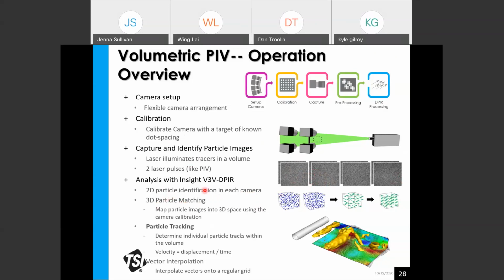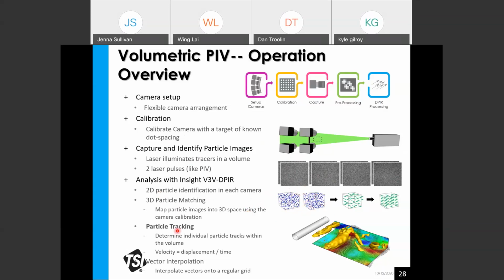So this 3D particle matching uses triangulation techniques to take the 2D particle images from the 4 cameras and put them back into the volume. As a result, we get a particle image in the volume, at an instant of time, so-called frame A and also frame B. After the particle matching, we get 2 particle clouds at 2 different instances of time.